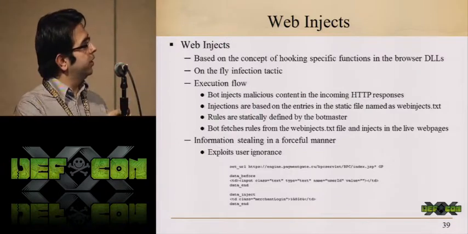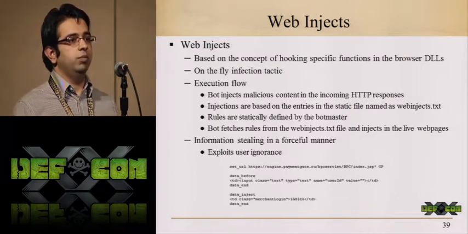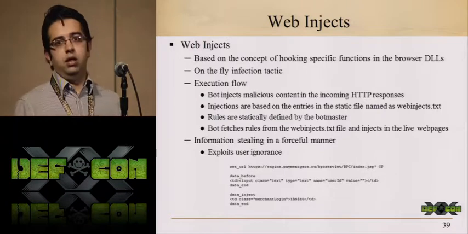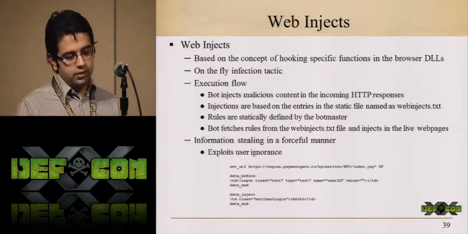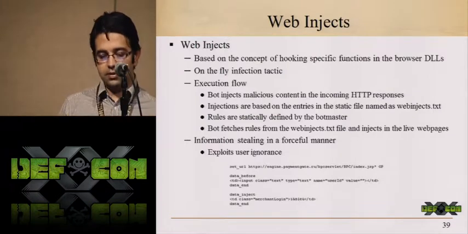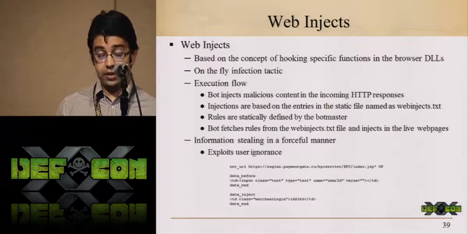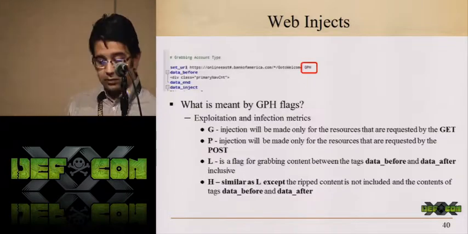This gives a lot of power to the bot to manipulate online banking and a lot of functionality of the web pages on the client side. This is a really interesting technique, and we haven't found any good defense. Our team is working on it, and let's see if we can come up with some defense for web injects.